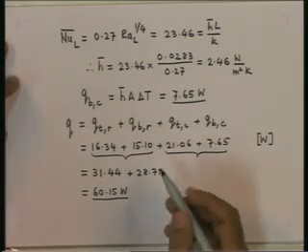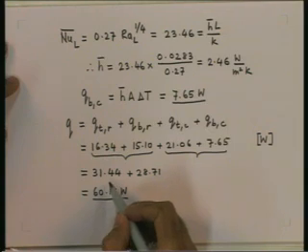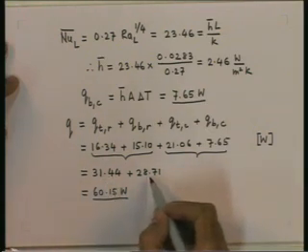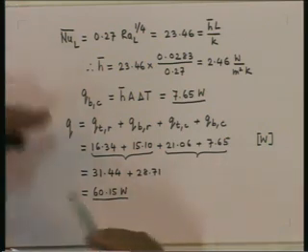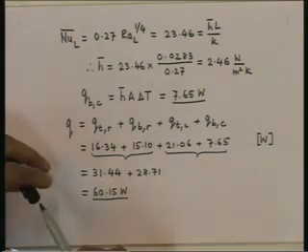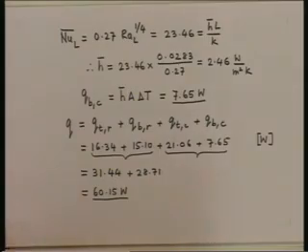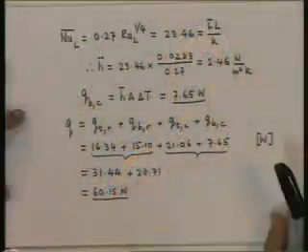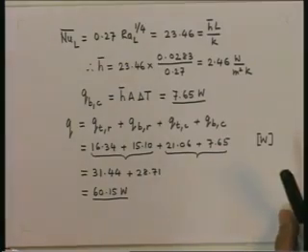And this indicates that in this situation the radiation is slightly more than half of the total heat loss. Radiation does not predominate, but it is as significant as natural convection, slightly more so.